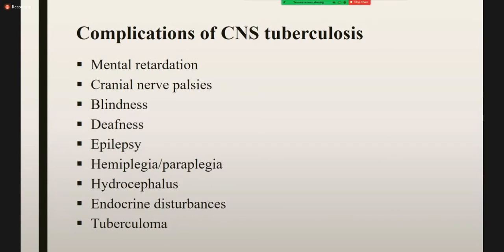So if your patient is on treatment and still develops drowsiness or progressive drowsiness or other symptoms, you should scan, you should think of complications also. The patient might develop SIADH and persistent hyponatremia, and again tuberculoma.